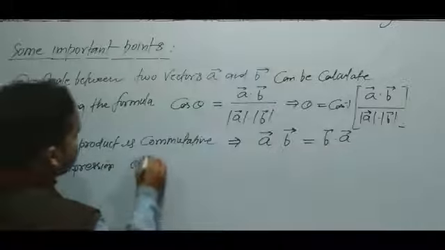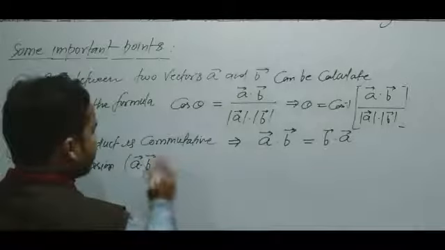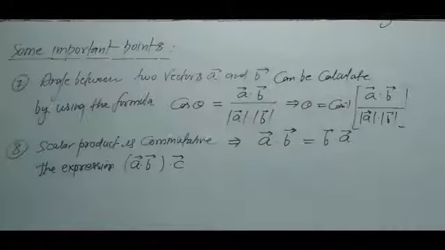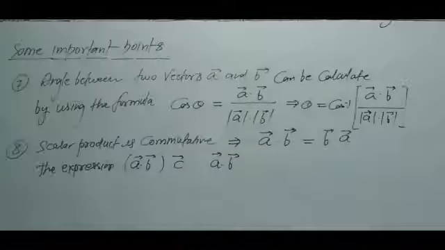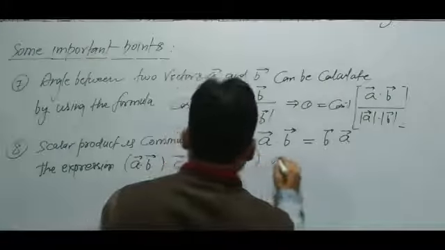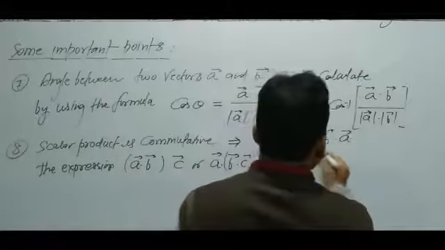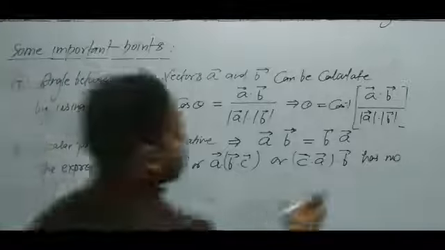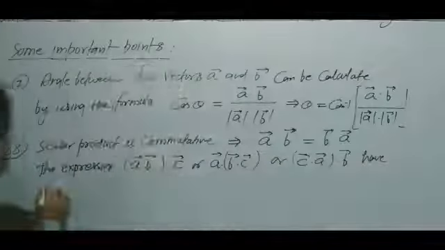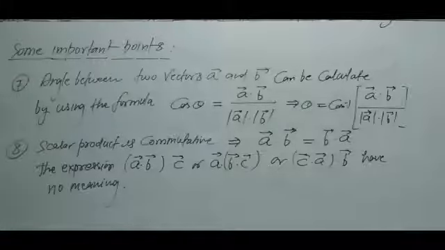The expression A dot B gives a scalar, and if you multiply it with another vector C, like A dot B dot C or C dot A dot B, it has no meaning. Now see, this one is totally completed.